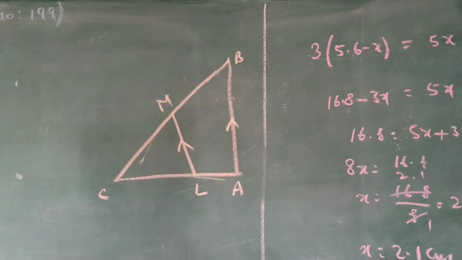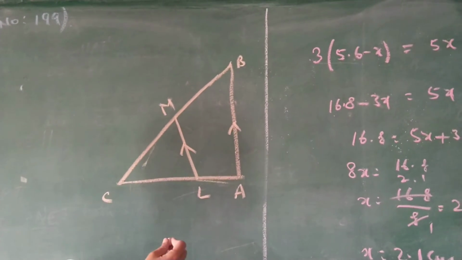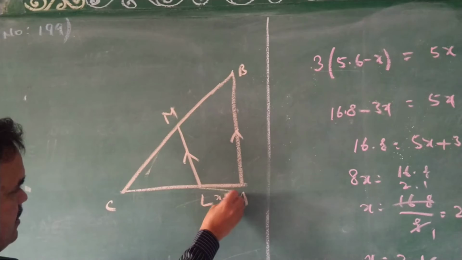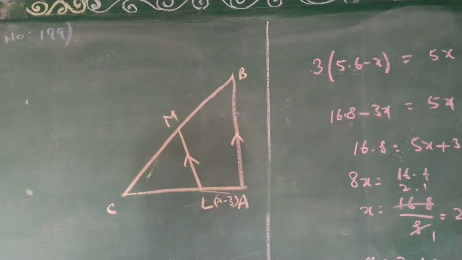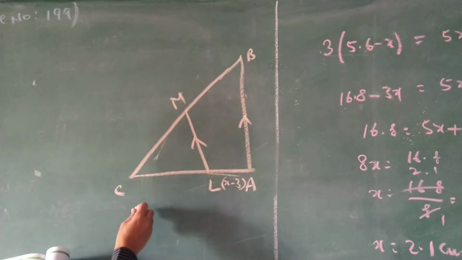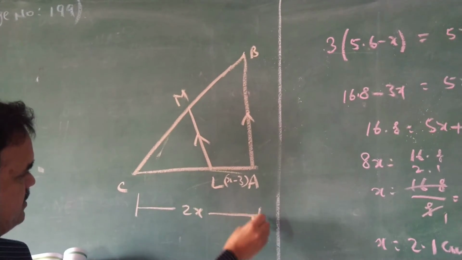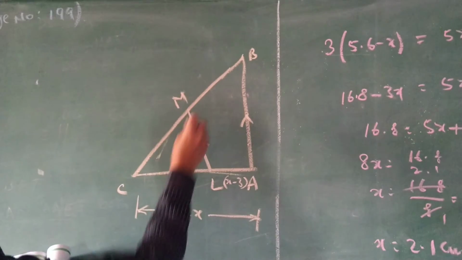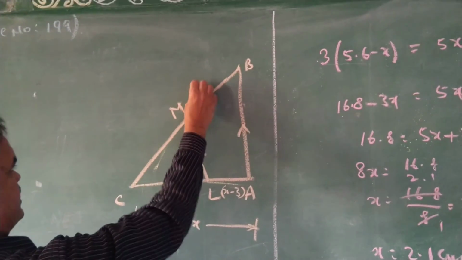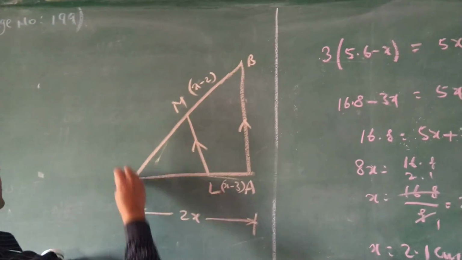AL is equal to x minus 3, AC is equal to 2x, and BM is equal to x minus 2 centimeters.